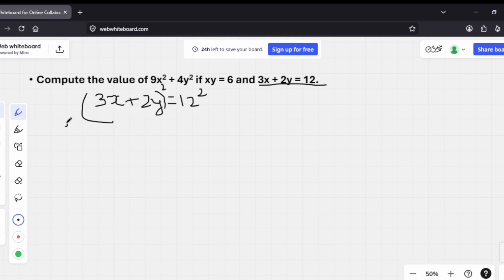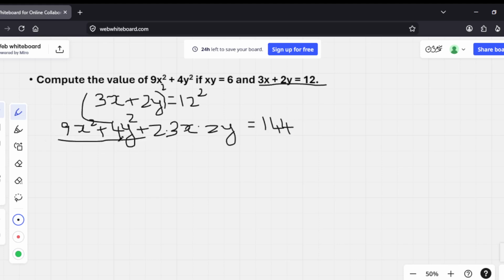When you square it on both sides, we are going to apply the first formula, (x plus y) the whole square is x square plus y square plus 2xy. Here y is nothing but 2y, so it is 4y square plus 2 into xy, where x is 3x and y is 2y, equal to 12 square, which is 144.